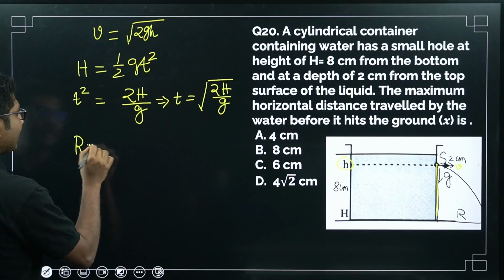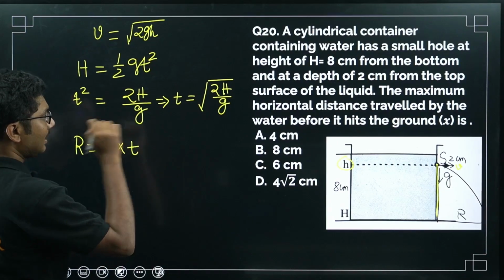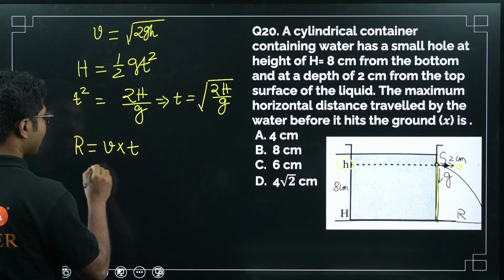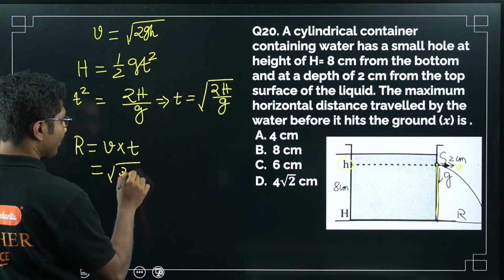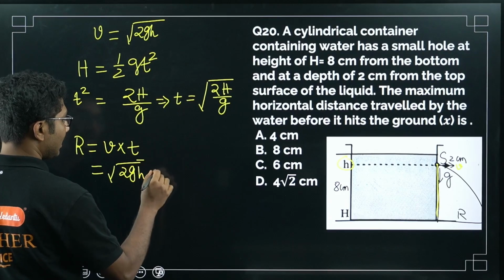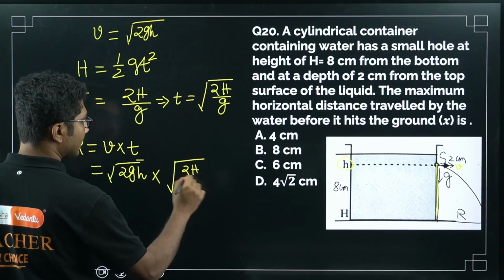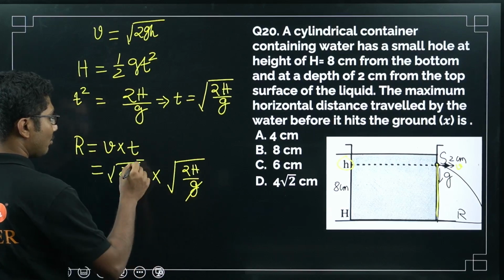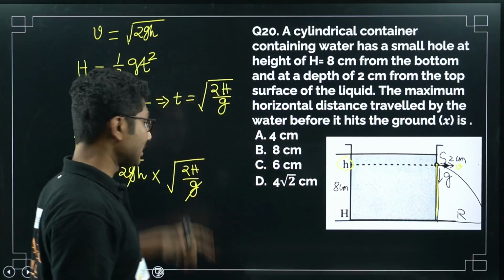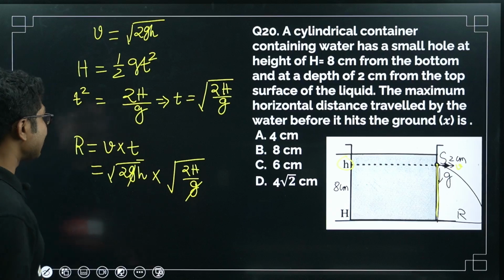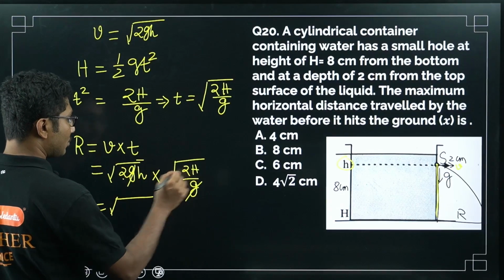To calculate range, if you remember, it is horizontal velocity times the total time of flight. Here we already have v as the square root of 2gh, times the square root of 2h by g. Both g's are inside the square root, one in the numerator and another in the denominator, so they cancel each other. So we can simply write this as 2 times 2, that is 4h.